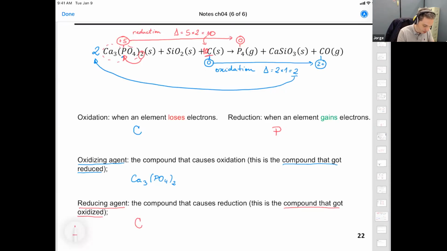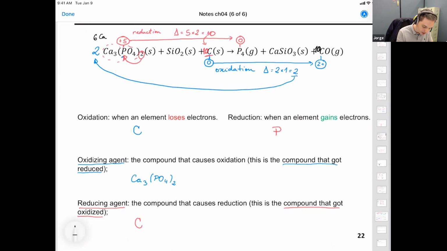So we know here that we have to have 10 carbons on the left side. Therefore, we simply balance the CO2 with 10, because that's the only spot that has carbon. Another element that we can balance is the calcium, 2 times 3. We have 6 atoms of calcium on the left side.